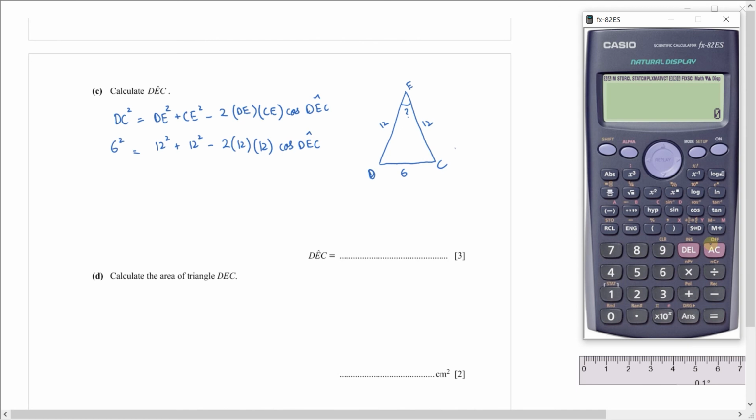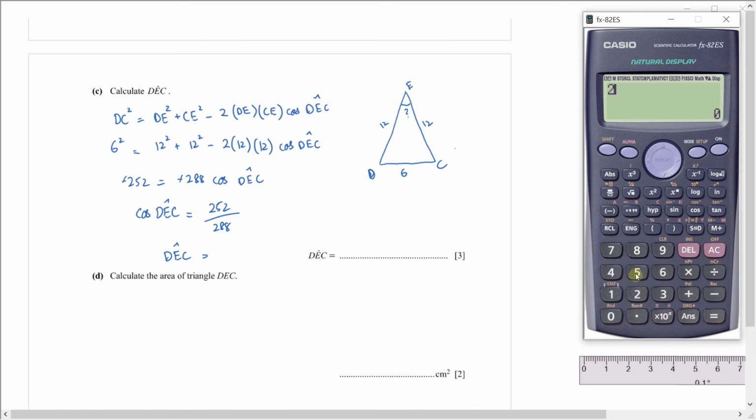So let's calculate this. If I take these 12 squares to the other side, so I have 6 square on the left. This way, these will be subtracted on the other side. So minus 12 square and then minus another 12 square. So this is minus 252 equals 2 into 12 into 12 minus 288 cos of DEC. So the negatives cancel out. Cos of DEC will be 252 divided by 288 and DEC will be the cos inverse of this.